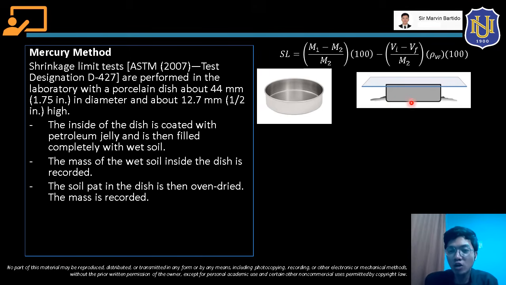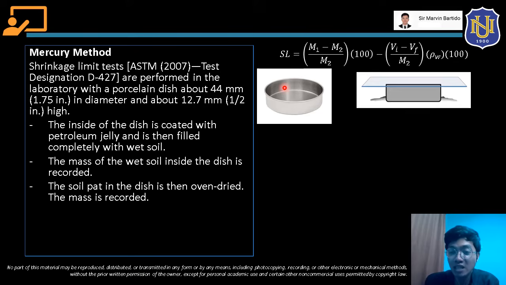So class, what we're going to do, yung volume nung mercury na nandito sa dish na to, equal siya dun sa volume nung inside, or yung inside volume ng dish natin. Ulitin ko, class, yung volume nung mercury dito equal siya dun sa inside volume ng dish. And take note, class, na yung inside volume ng dish natin na ito ay equal din dun sa volume ng wet soil.